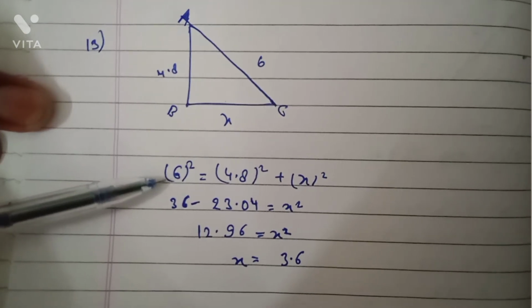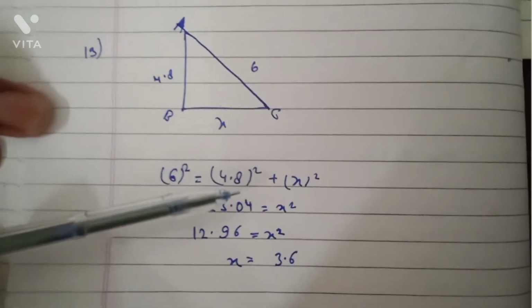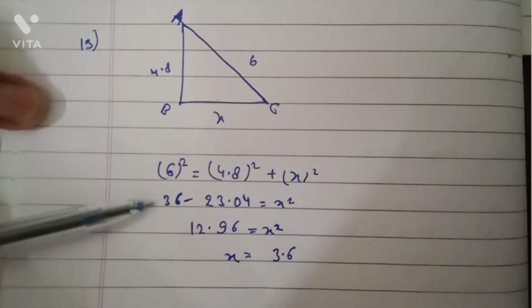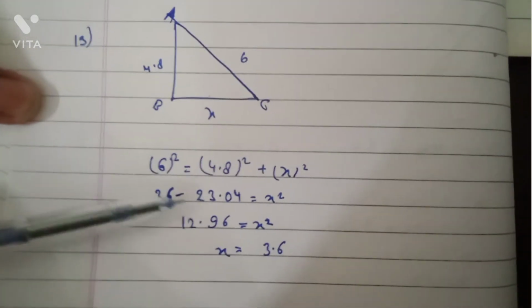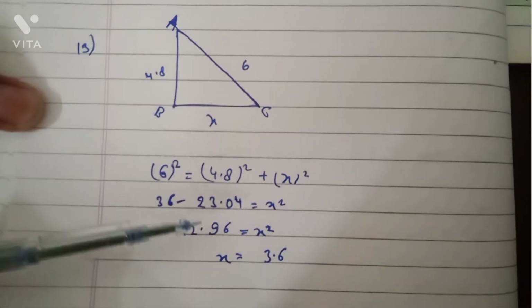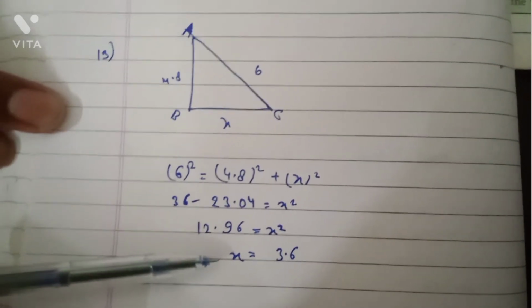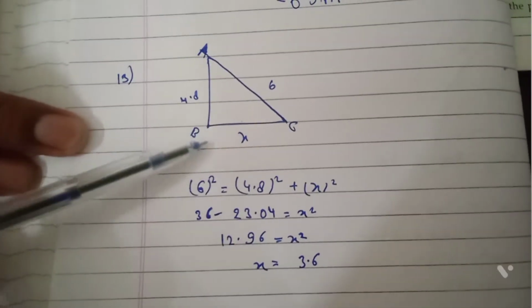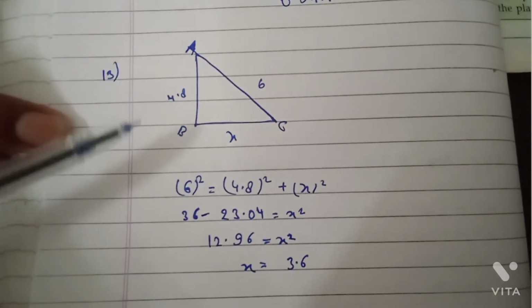Using Pythagoras theorem, 6 squared equals 4.8 squared plus x squared, or 36 minus 23.04 equals x squared equals 12.96, and the value of x is 3.6 meters, meaning the distance of the ladder from the wall is 3.6 meters.